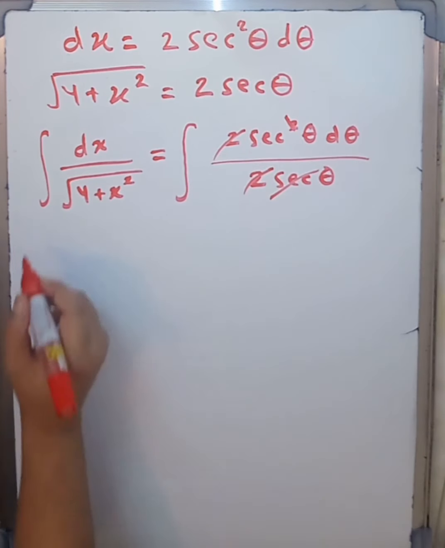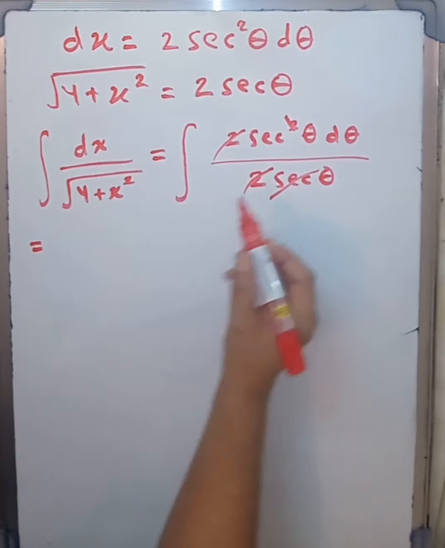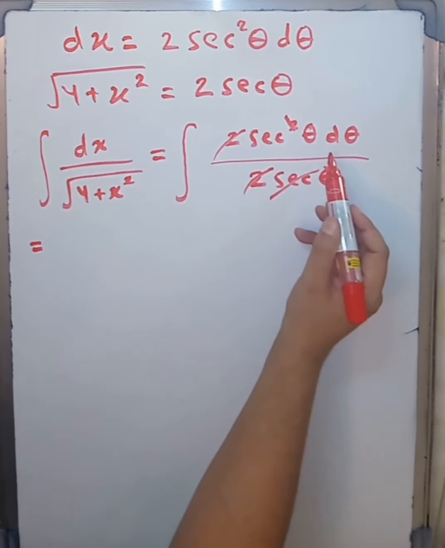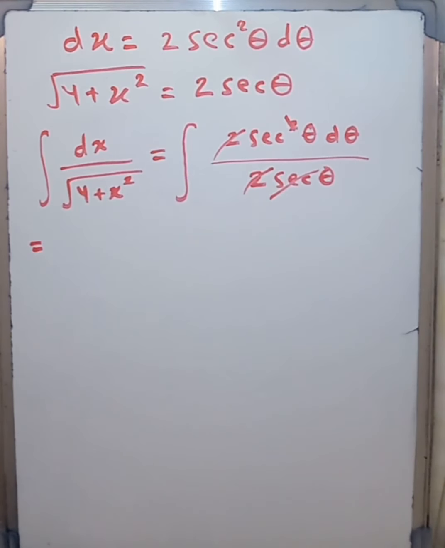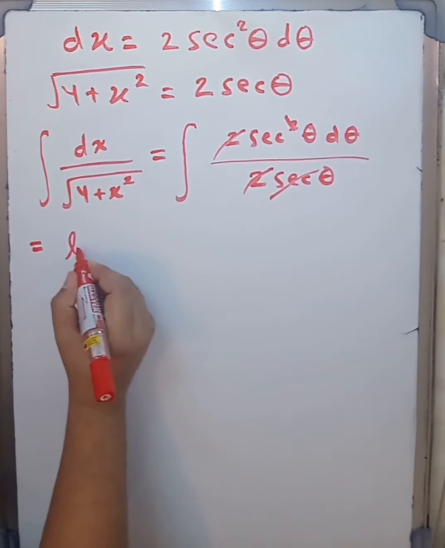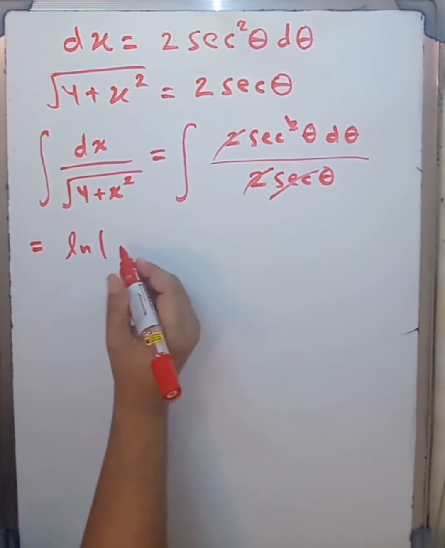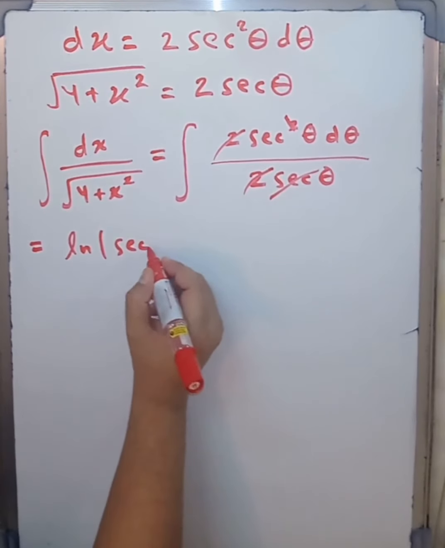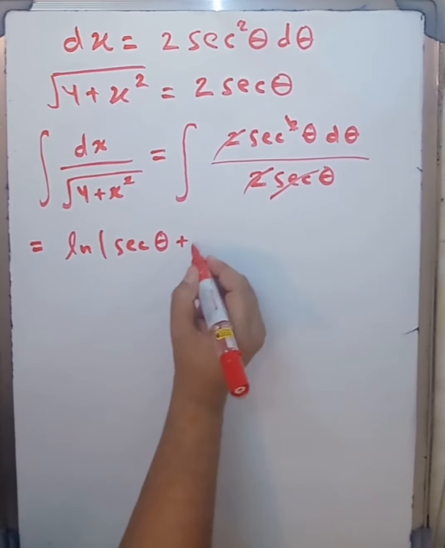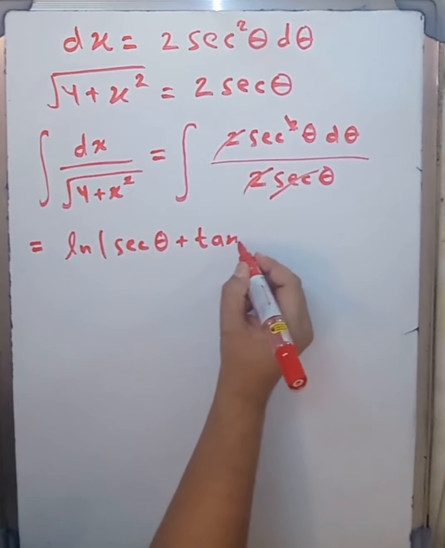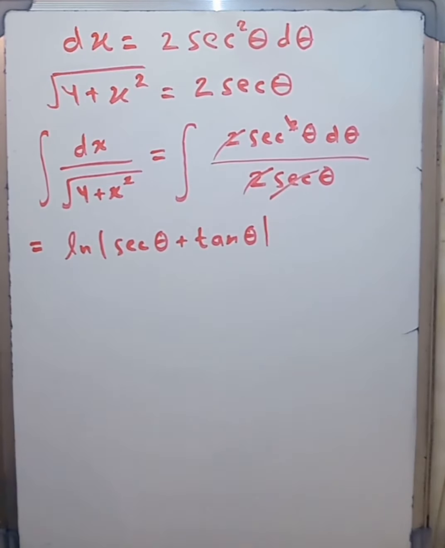So now we have integral of secant theta d theta, and we know that integral of secant theta with respect to theta is equal to ln modulus secant theta plus tan theta.